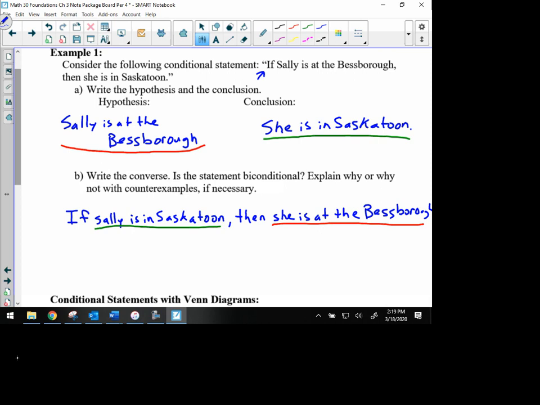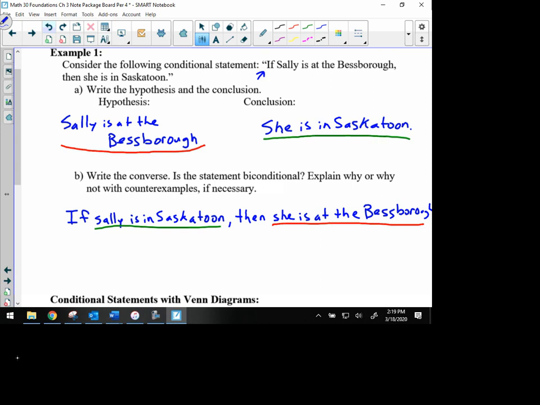The second part of that question is, is the statement biconditional? And so remember, we're looking to see if it's true both ways. Is this initial one up here true? And is this true? Okay? I think we can agree that the first statement, if Sally's at the Besborough, then she's in Saskatoon, is true.